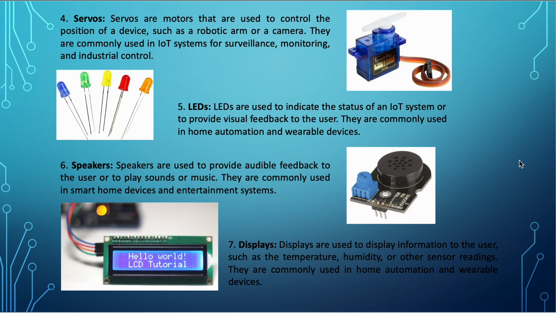LEDs, speakers, and displays are three of the main actuators that are being used to communicate that information, to communicate the output which is taken through the sensors to humans. So they are an important part, right?